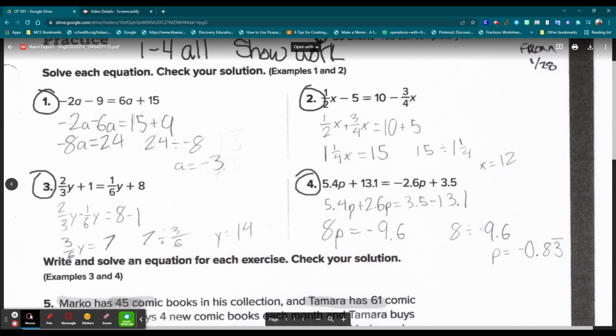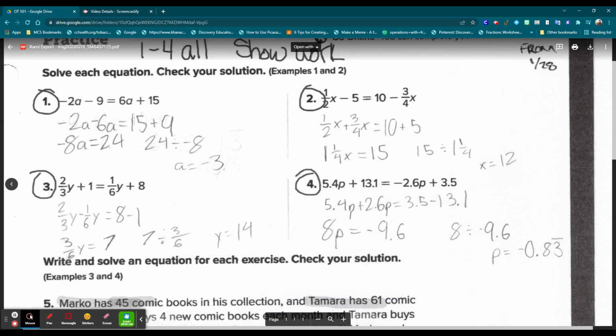I've uploaded this document here. This is an actual piece of work from one of my students. They were working on solving equations in which you have variables on both sides. Well, this student did a pretty good job of finding the solutions. However, on this particular skill, I am very, very picky because the standard is using properties of equality to find your solution.